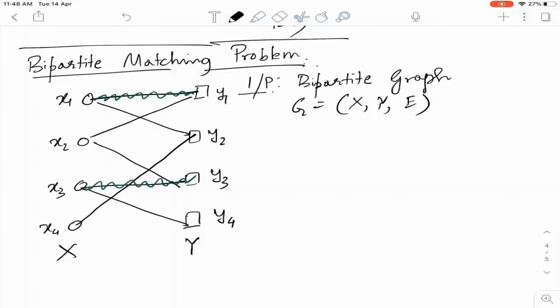Right. Exactly. So the null set, don't pick any edge. That is clearly a matching. So of course, now we are interested in a special matching, which is to find the matching with max cardinality.